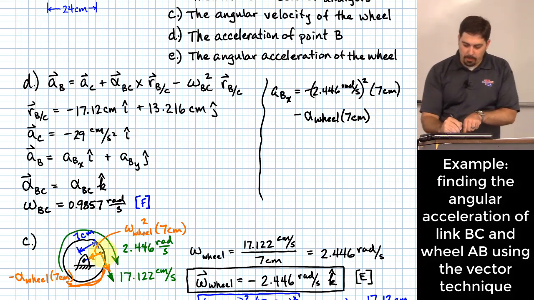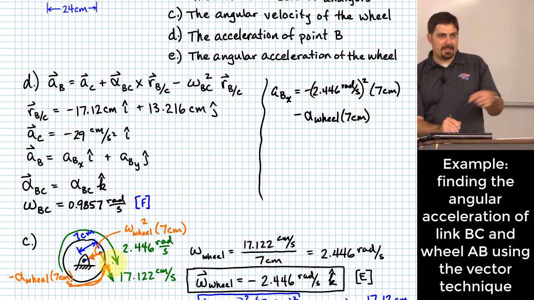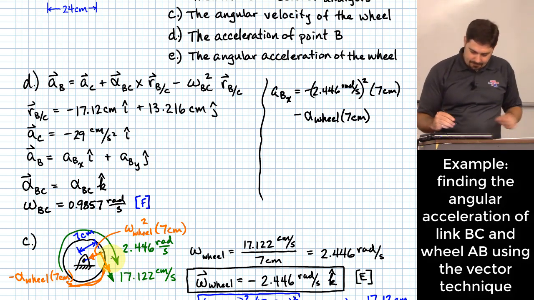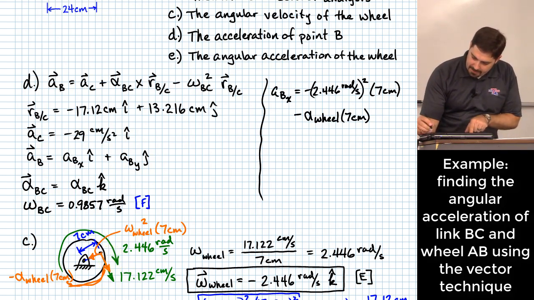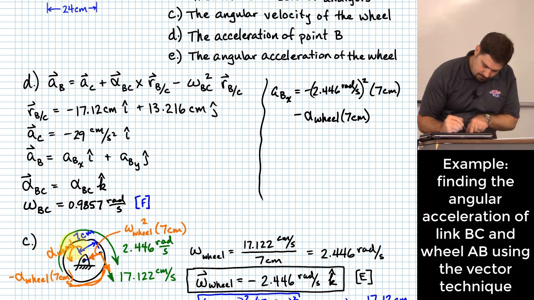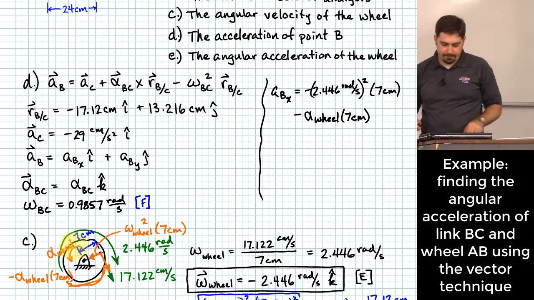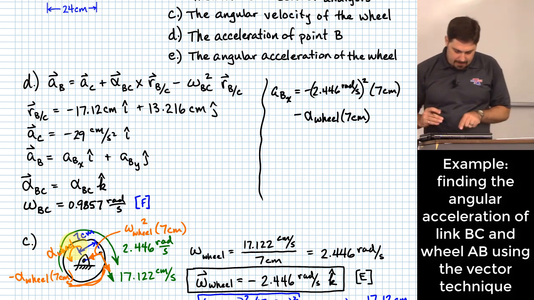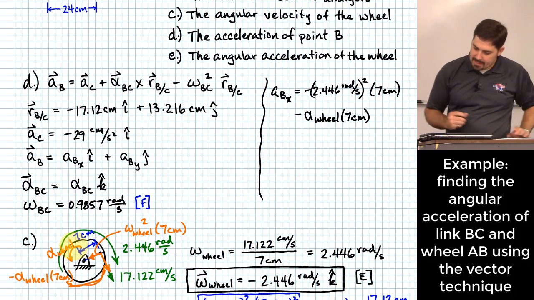Positive because the arrow points to the right, negative because I'm defining it relative to a counterclockwise positive alpha, right? Does that make sense? So basically what I'm saying there is this is the direction I'm assuming alpha is. All right. And I think those are the only two pieces that I have for ABX, right?